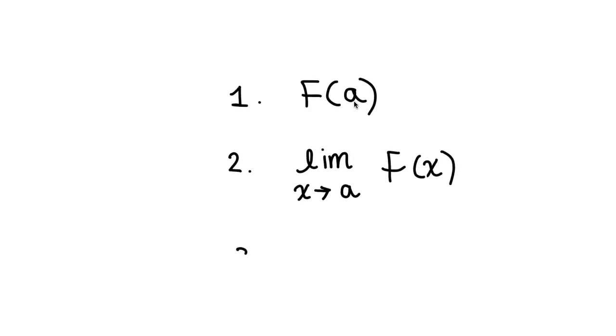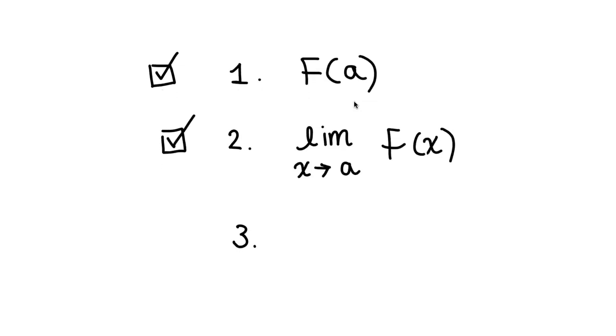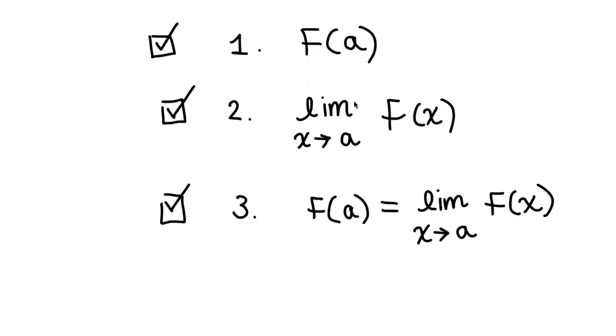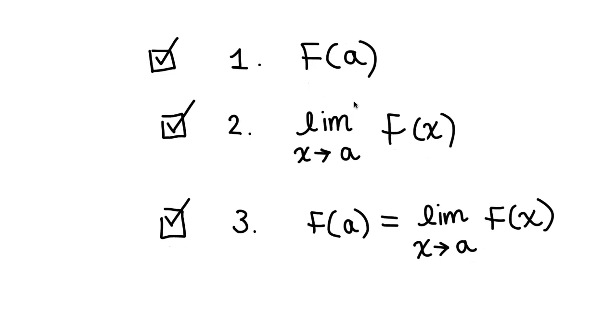And guess what? Number 3. Assuming that the function is defined and the limit exists, the third thing that you need to check is that the function value, the answer from part 1, better be equal to the limit as x approaches that number of the function. And if these 3 conditions are met, then you get to say, yes, it is continuous.